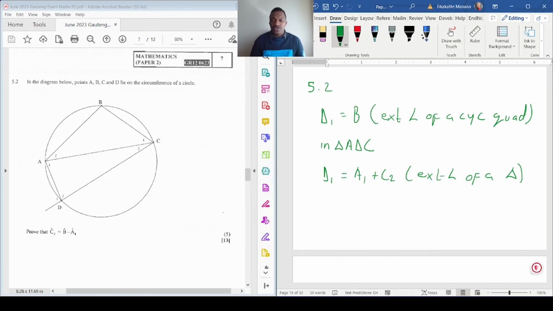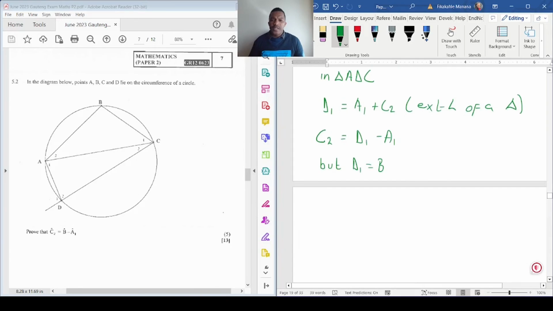So now we can just do gymnastics by making C2 the subject of the formula. So C2 is equal to D1 minus A1. But we've already said that D1 is equal to B. That's proven, right?